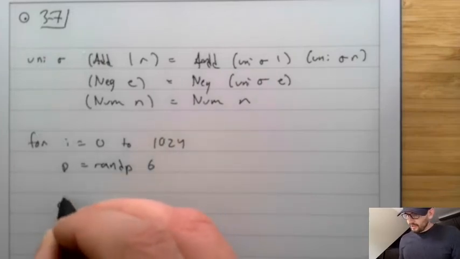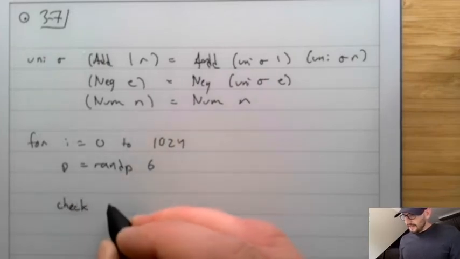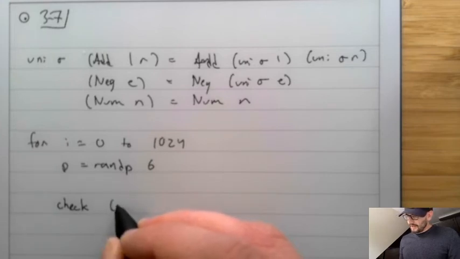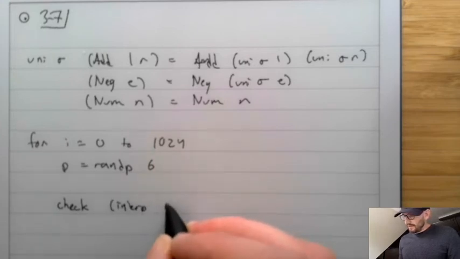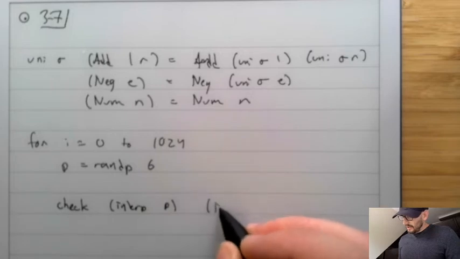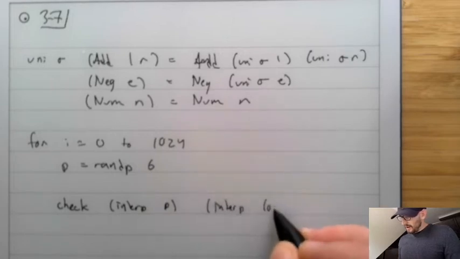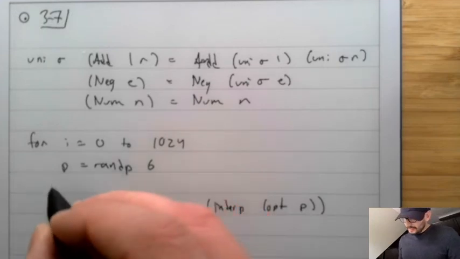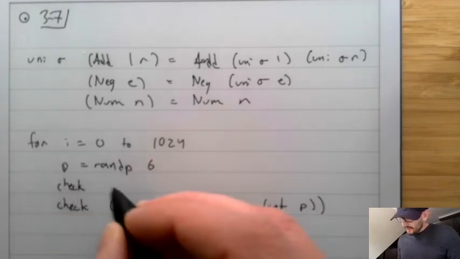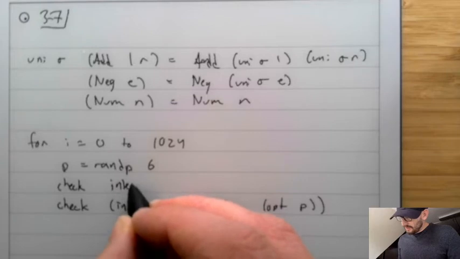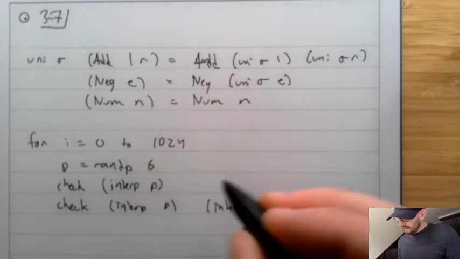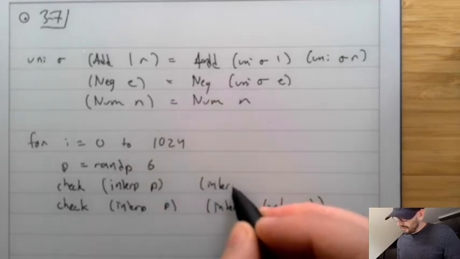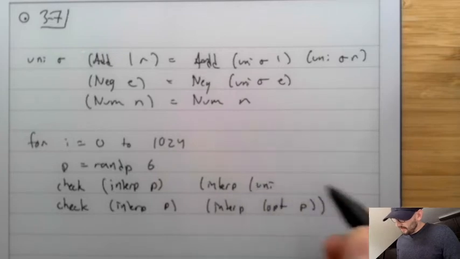And then one of the things that you do is check that calling interp on P is equal to calling interp on optimize of P. Well, what you can do is add another step where you check that calling interp on P is equal to calling interp on uni of P.